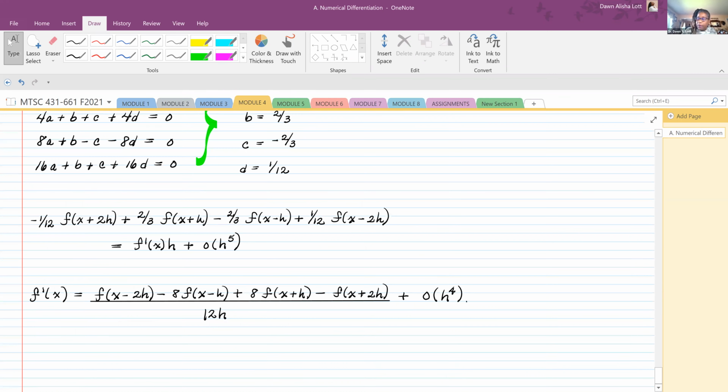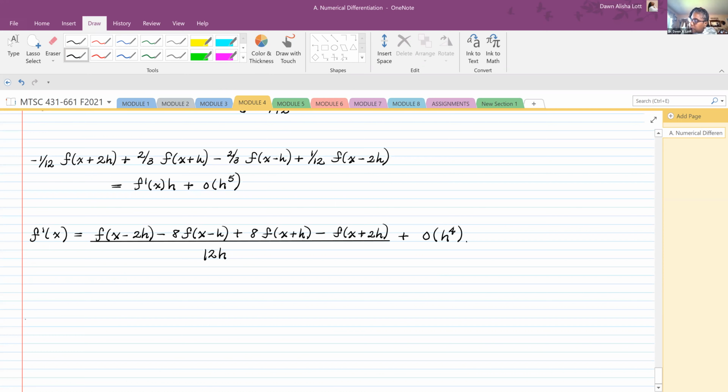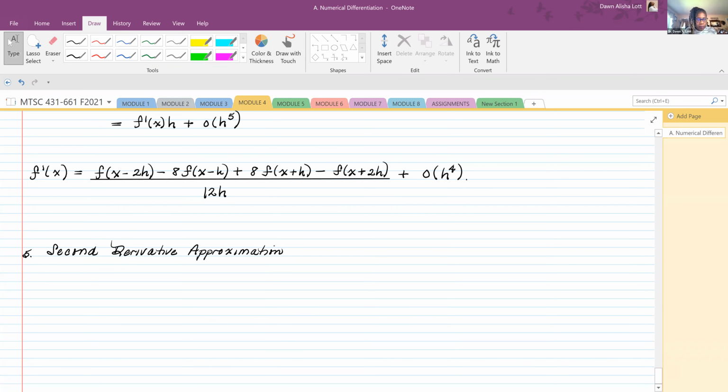All right, 5. We want to find an approximation for the second derivative. Okay. So we're going to do the same thing.